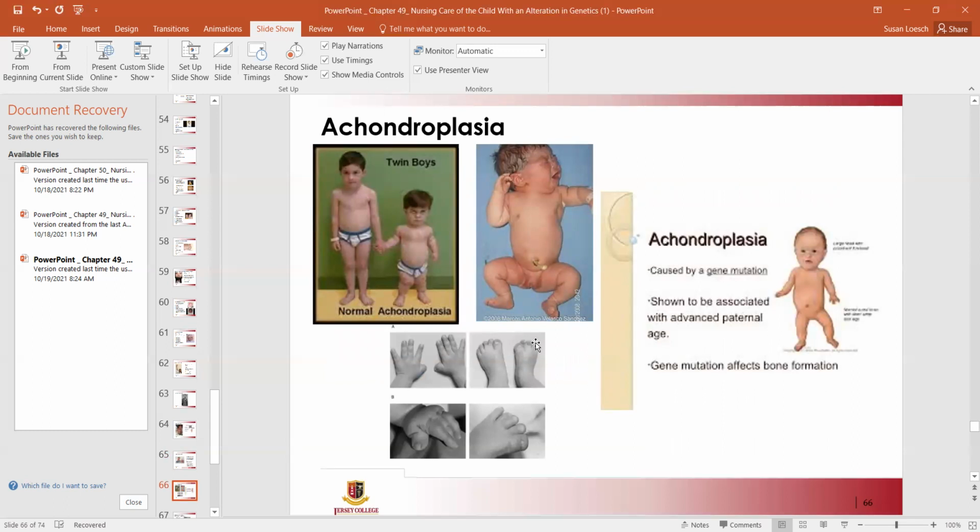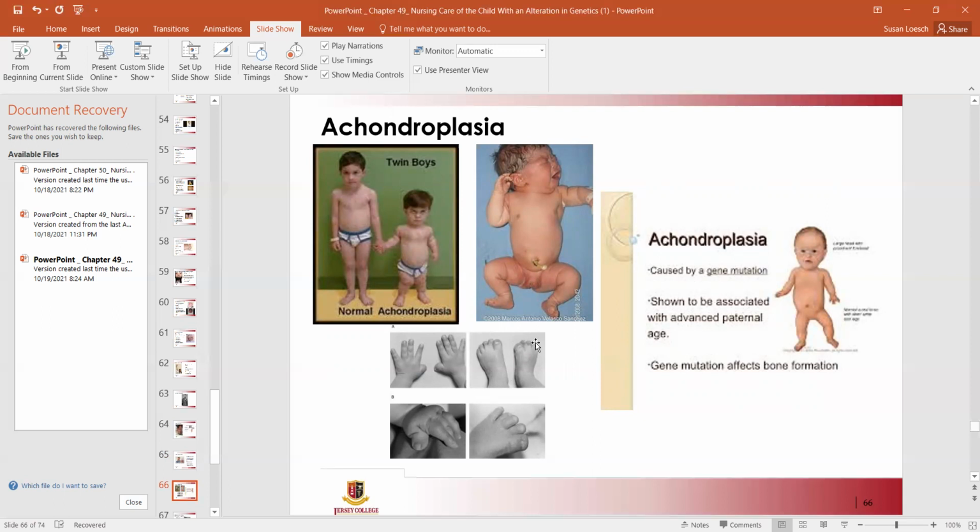Achondroplasia, this is the most common chondrodysplasia. It's an autosomal dominant inheritance pattern caused by different mutations in the fibroblast growth factor receptor 3. It's characterized by abnormal body shape, small stature, a height of 4 feet or less for men, and short limbs with normal torso size.